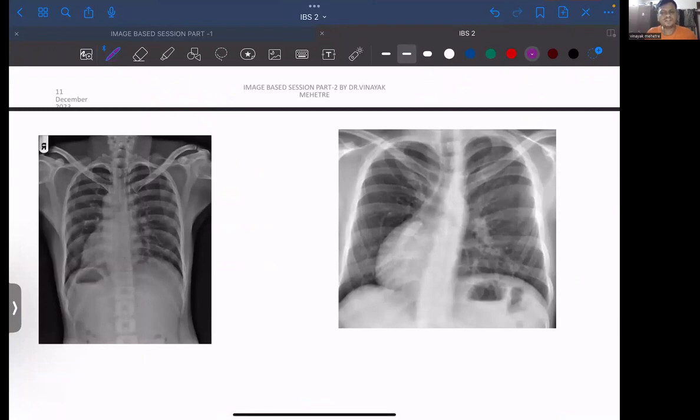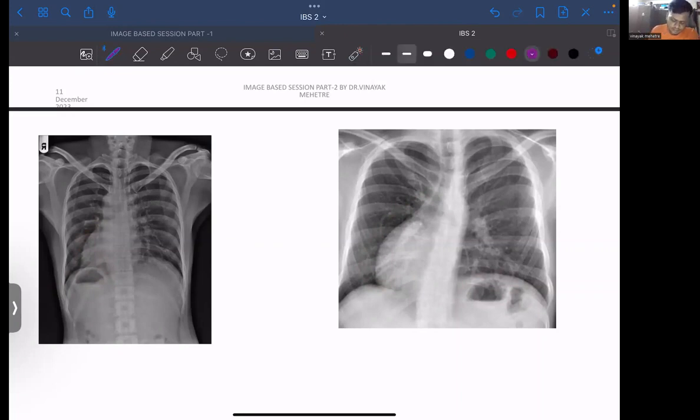What is the difference between the first X-ray and second X-ray? Take a look. Normally, the heart is present on the left side. It has changed position to the right side. What has happened in this? Normally, the stomach bubble is present on the left side of the X-ray, but over here, the stomach bubble, जो gas है तुम्हारा, has changed position to the right side.